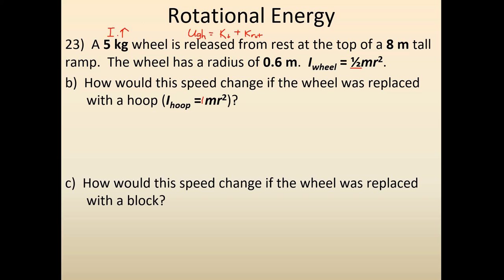If the rotational inertia increases, that means the object is becoming harder to rotate. That's what's happening conceptually. So the amount of energy required to rotate it is going to have to go up. If we start with the same gravitational potential energy and the amount of energy required to rotate the object has increased, then the kinetic energy related to it moving is going to have to decrease.